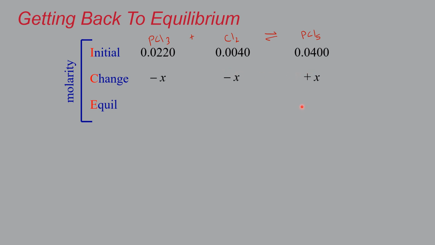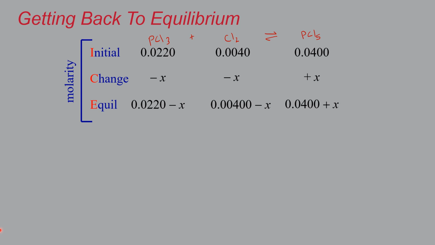Remember, we said we were going to increase the numerator, which is this concentration, and decrease the denominator, which is these concentrations. And algebraically, our equilibrium concentrations are going to be these symbolic amounts.